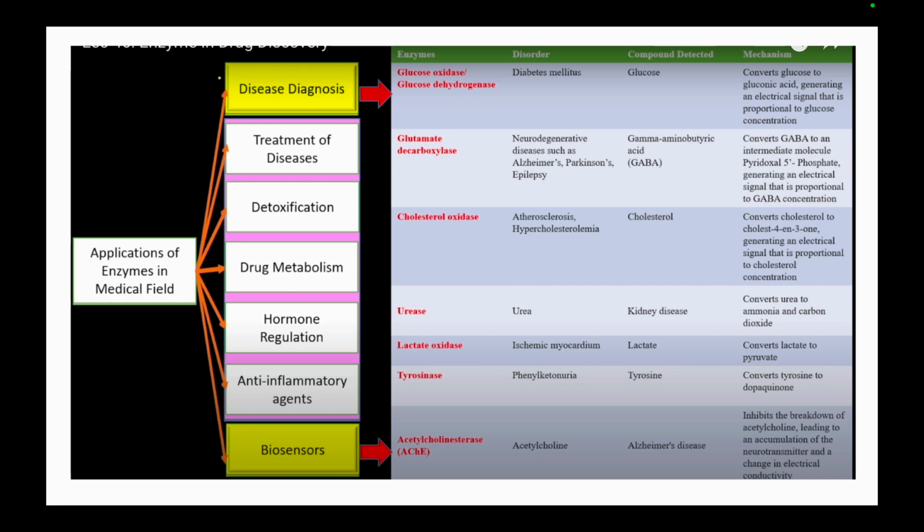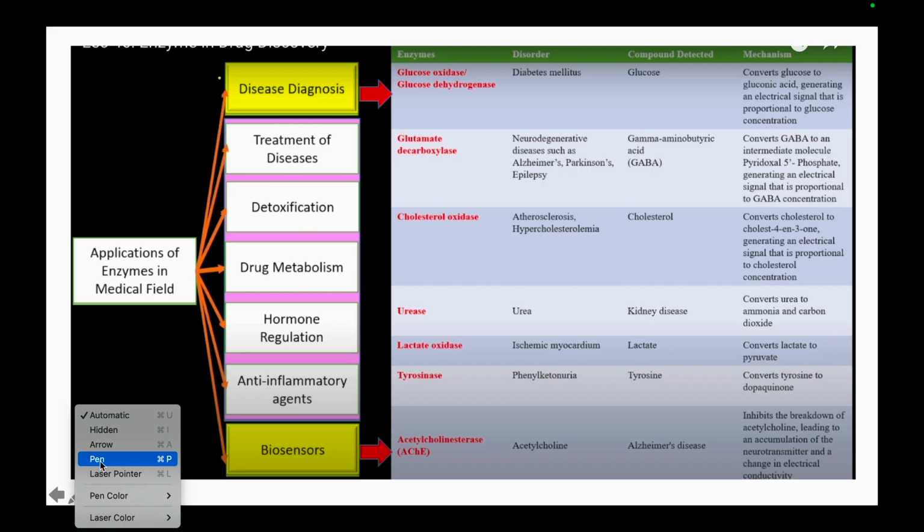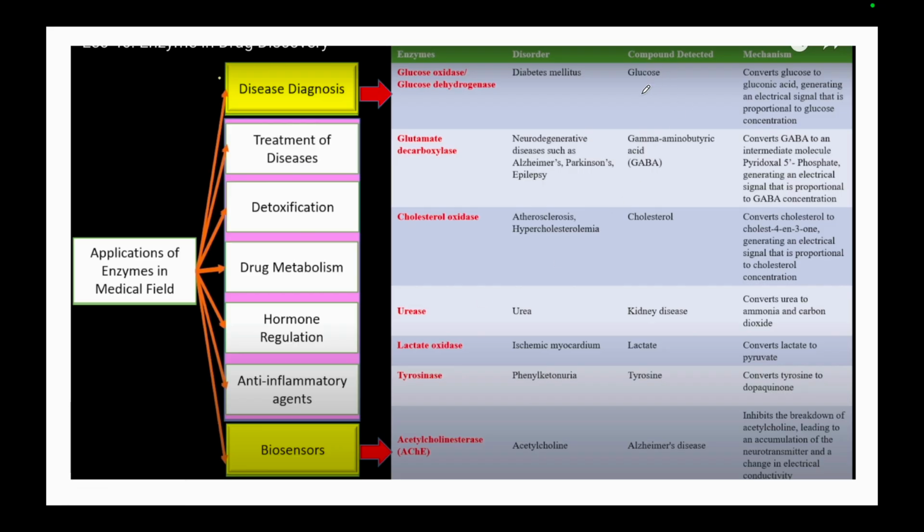Here we are not actually measuring any enzymes related to diabetes mellitus, but we are estimating glucose from the blood sample. This estimation is done by two enzymes, glucose oxidase and glucose dehydrogenase. Glucose oxidase, as the name suggests, will oxidize glucose and convert it into gluconic acid.